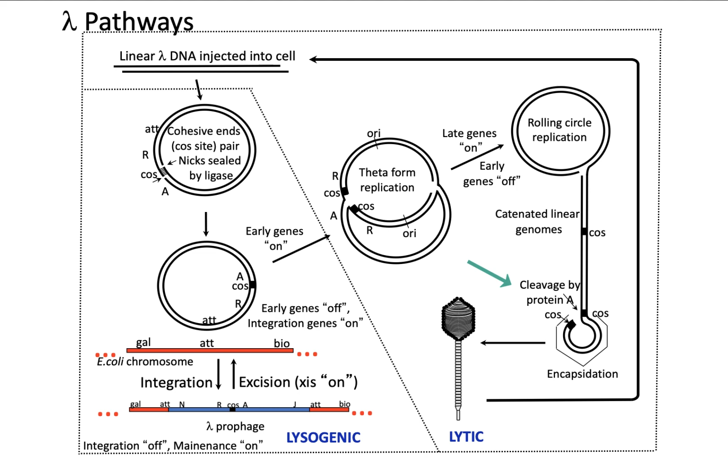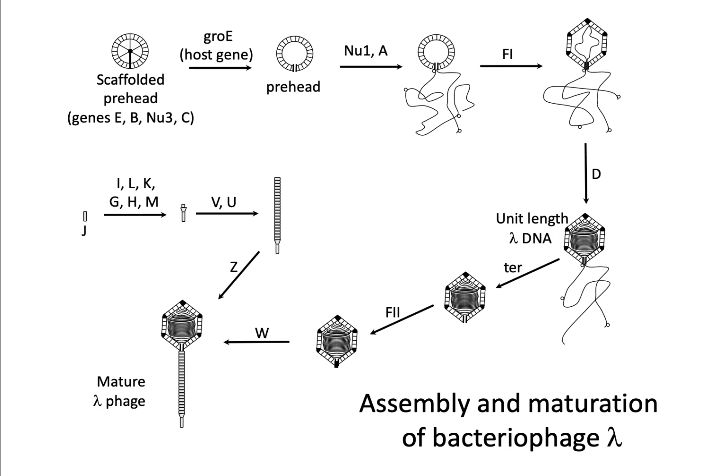the lambda chromosome. This shows the assembly and maturation of bacteriophage lambda, starting from the upper left to create the head. A scaffold pre-head is produced from several proteins from several genes, and then the GroE product finishes off the head, and the GroE is from a host gene.